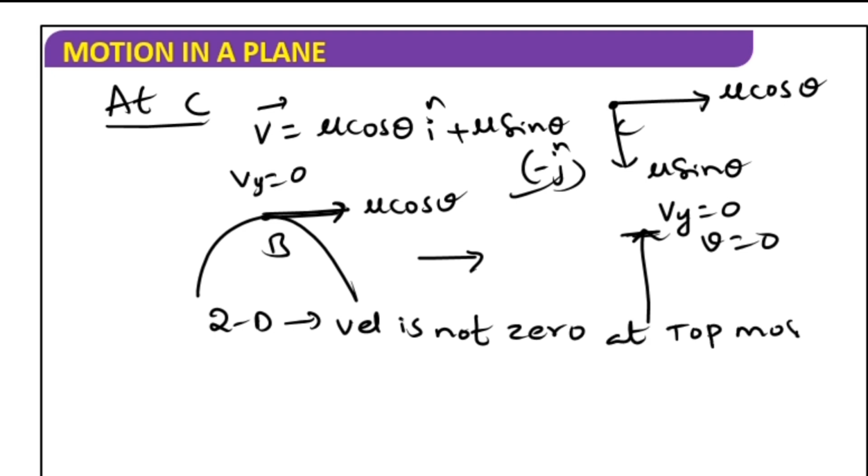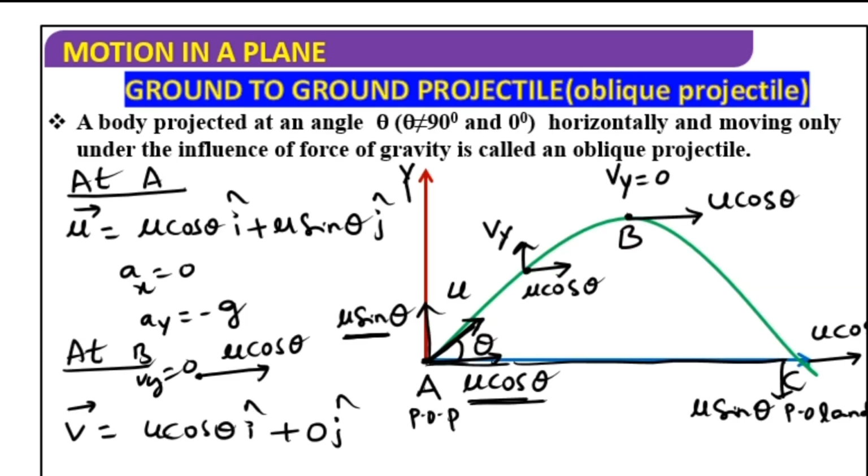At the topmost point, that is P, one more important thing: it has only the velocity u cos theta, and the acceleration due to gravity is perpendicular to this velocity. That means throughout the motion, only at this point is the acceleration due to gravity perpendicular to the velocity. Next, one more interesting point.